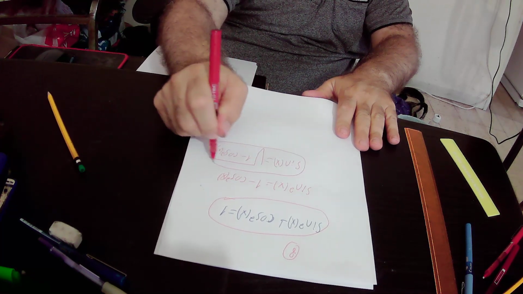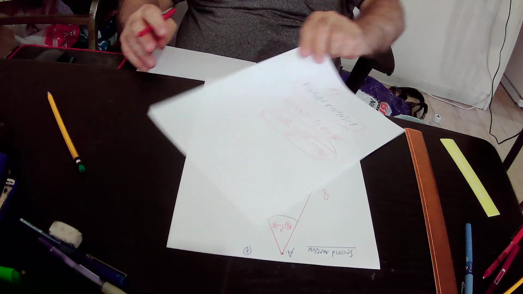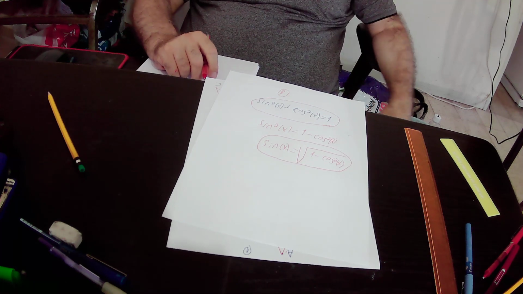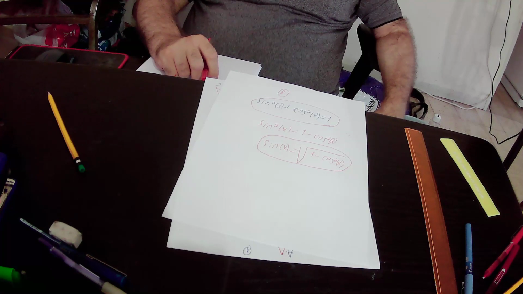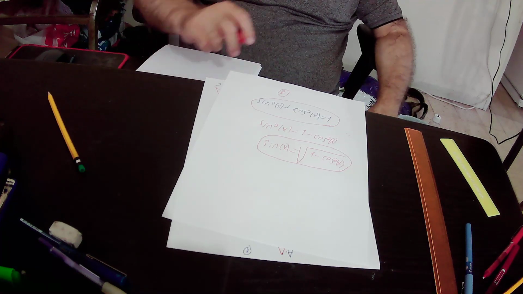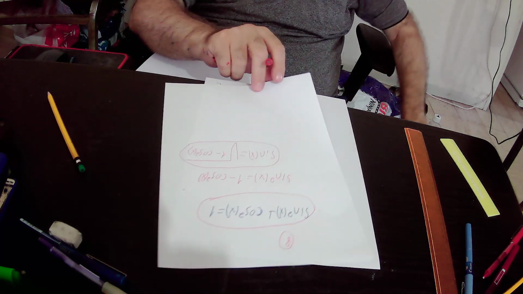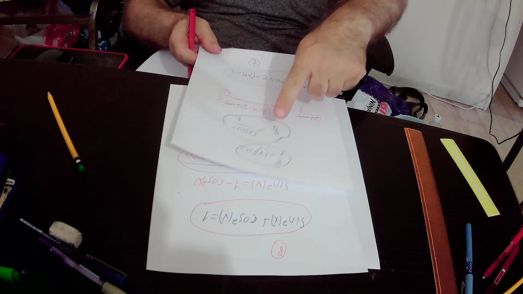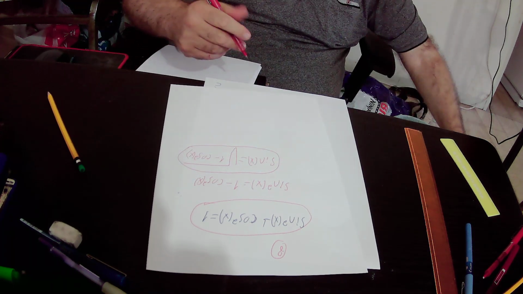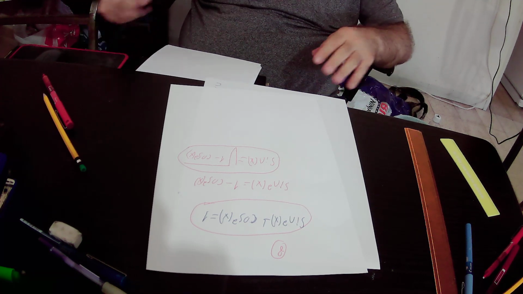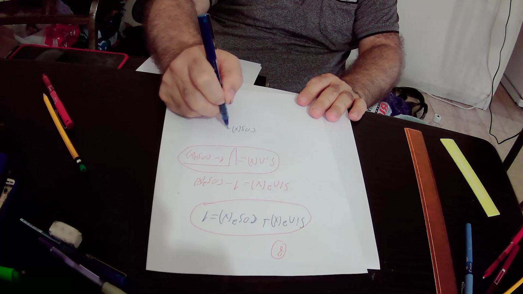Okay, so we found out the value of sine x. Sine x equals the root of 1 minus cosine square x. But we have already found out that cosine x equals 7 over 8.